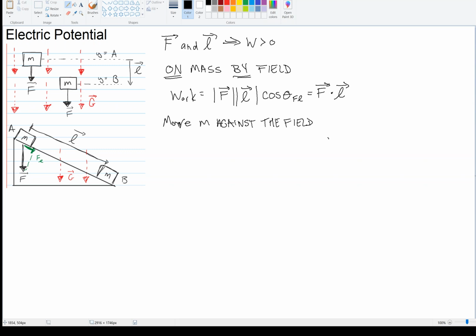Because of energy conservation principles, that work is negative F dot dl. So this is going against the field.